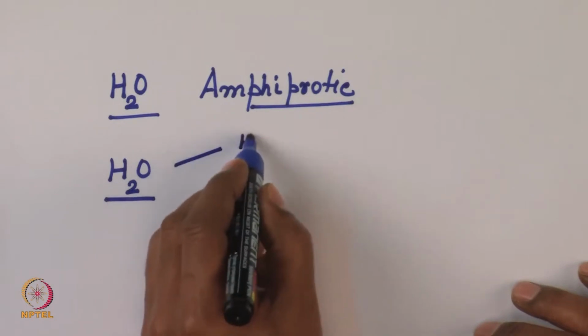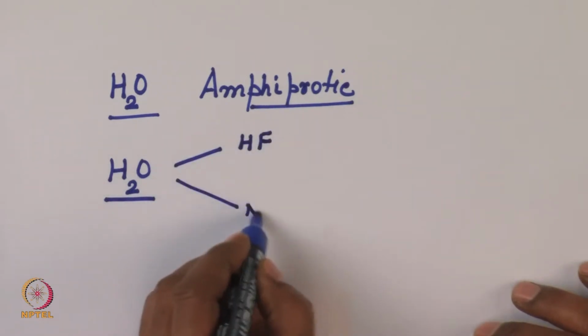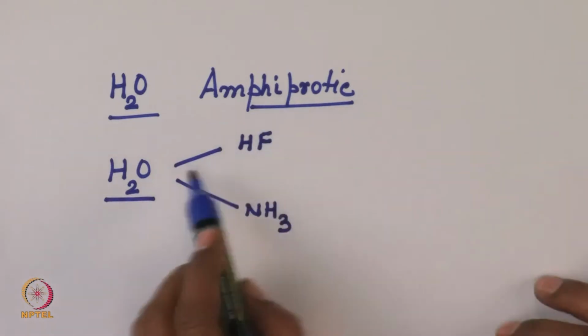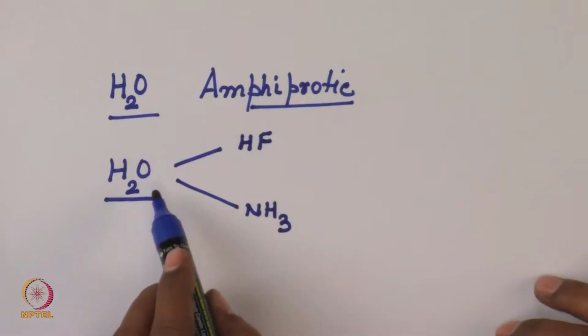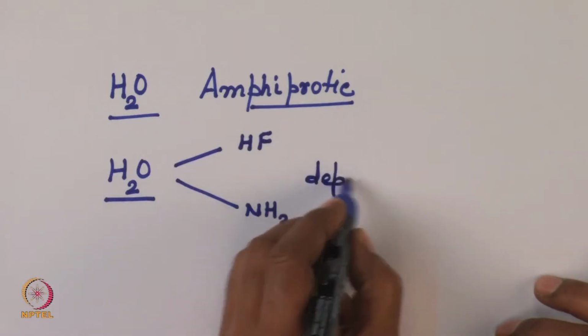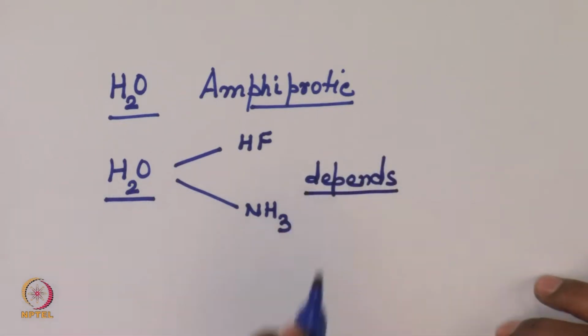I can take its example with HF and with ammonia. So, whether it will accept a proton or donate a proton depends on the type of the other molecule.